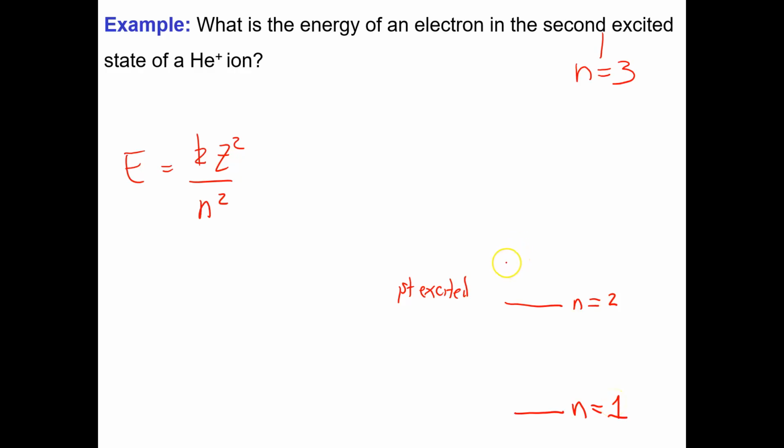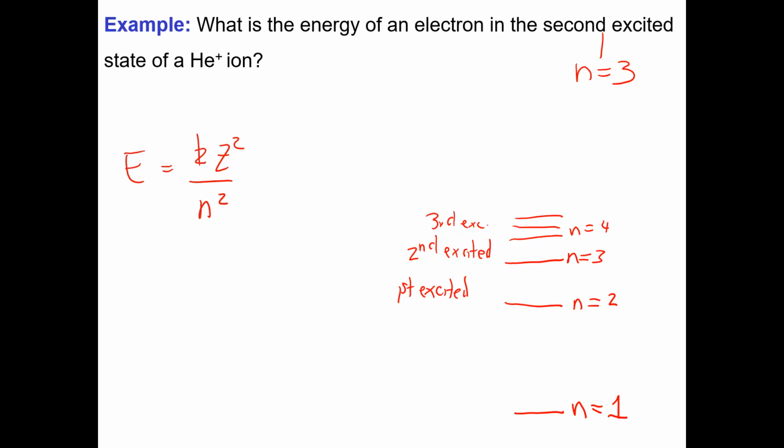And an interesting thing that happens is the gaps get smaller as you go up. So that's something that's worth keeping in mind. So they start bunching up after a while. That's the third excited, and so forth. But yeah, they get closer and closer together, which is kind of an interesting thing. Occasionally, you do have questions where that knowledge would be useful. Okay, but anyway, back to the problem.